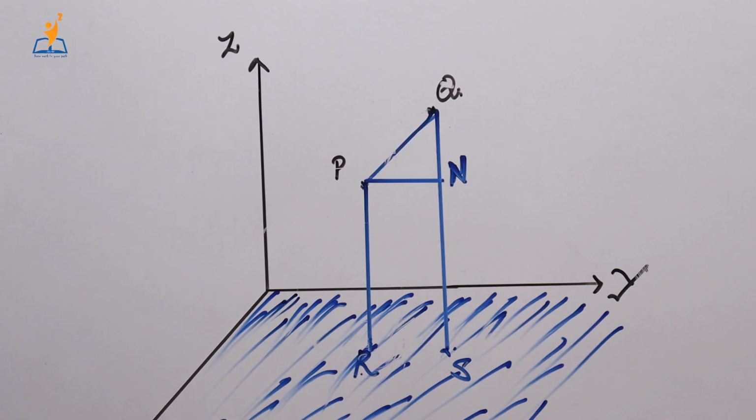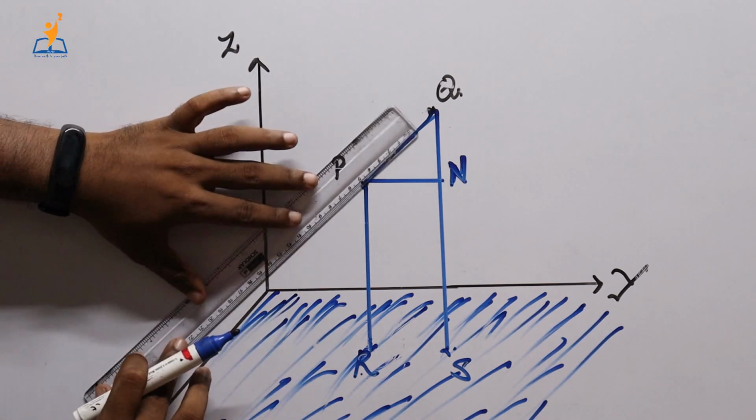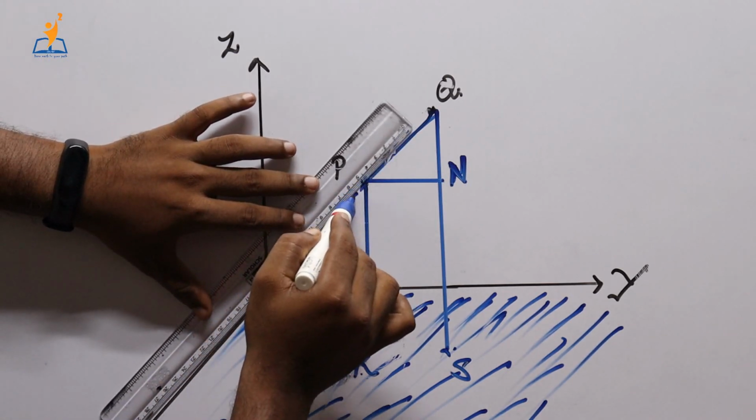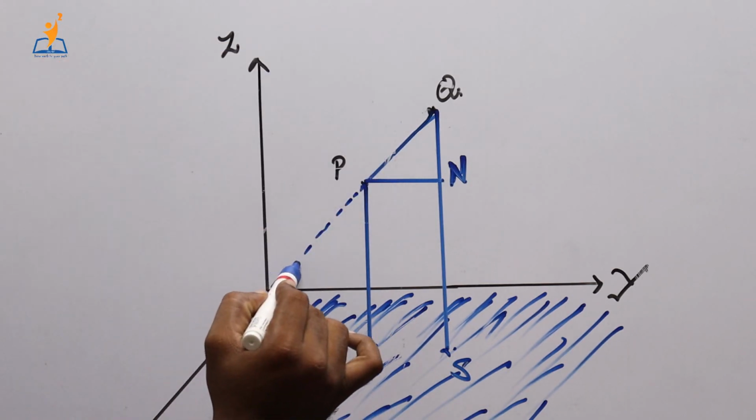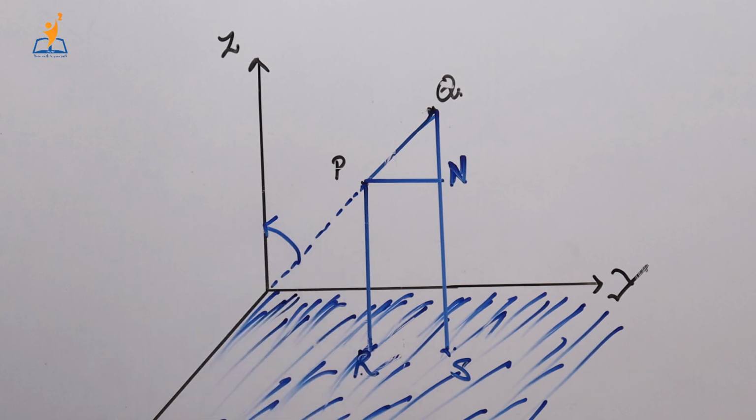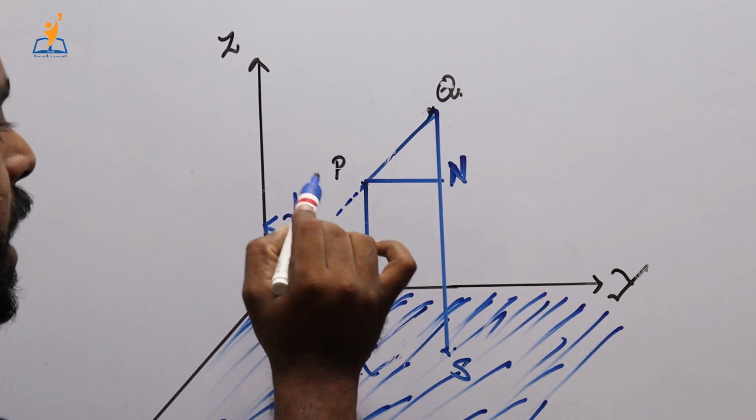So this is it. Now just observe that if I extend this line, I get a directed line like this, right? Now the angle gamma is the angle made by the line with respect to the Z axis.